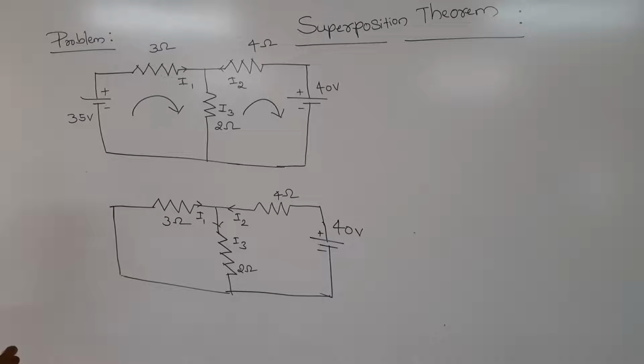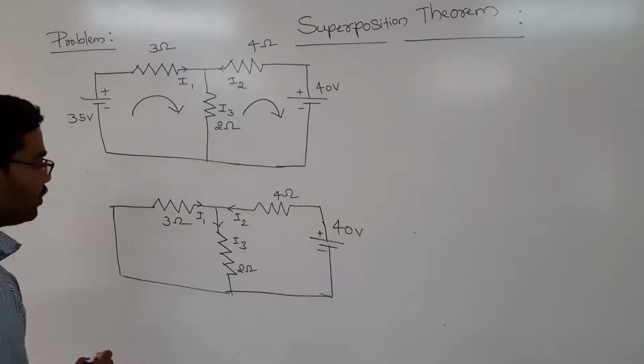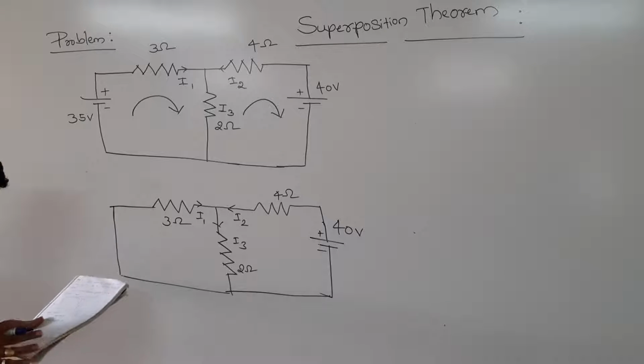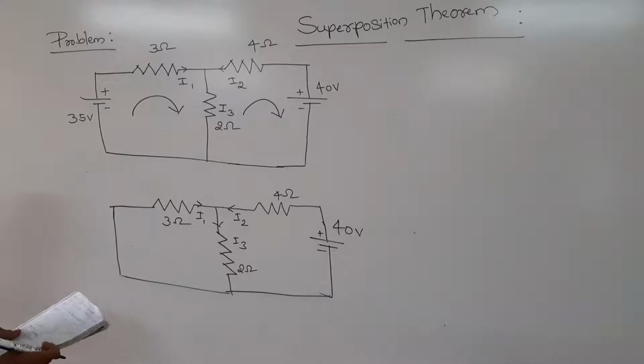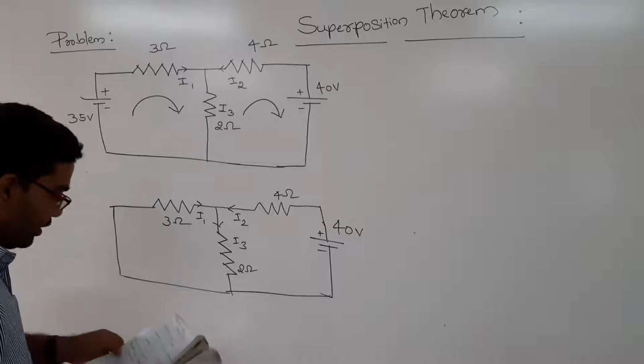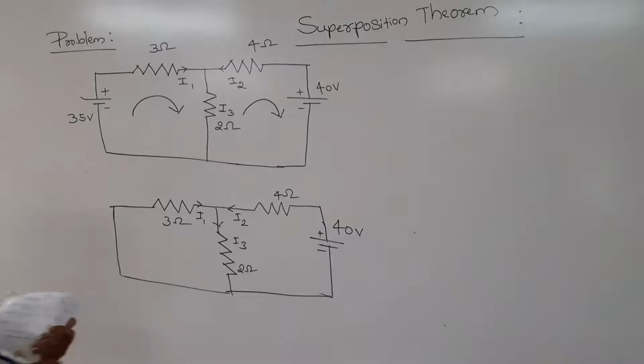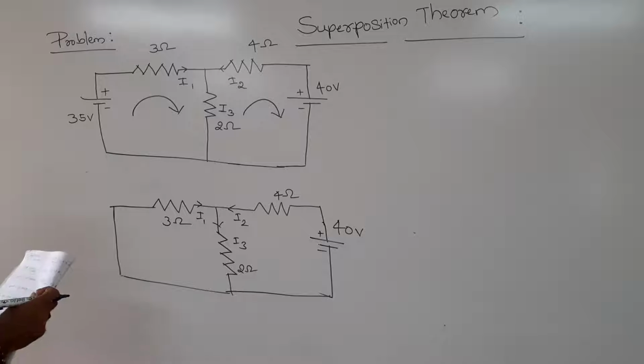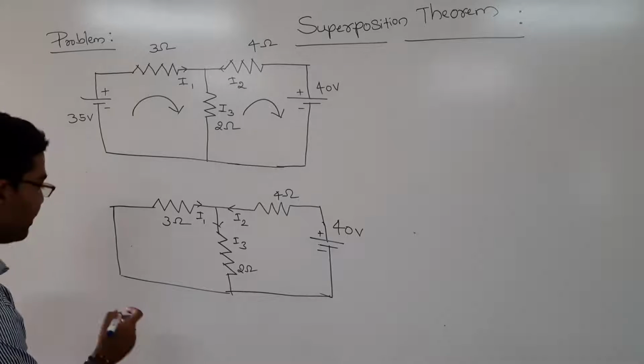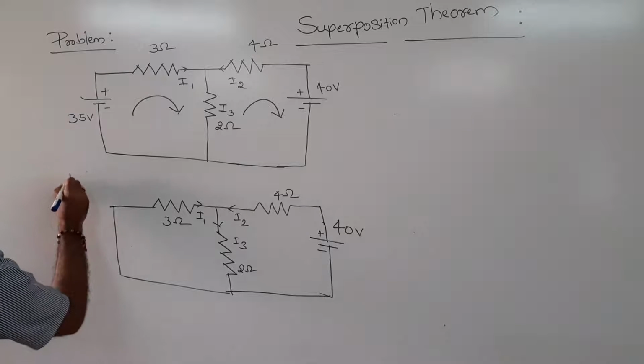Okay. So afterwards, I have to find out the value of current in the 3 ohm. Here, what total resistance will I get? This is the second step.